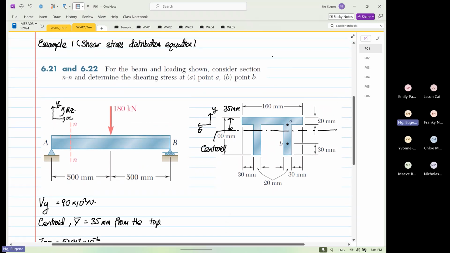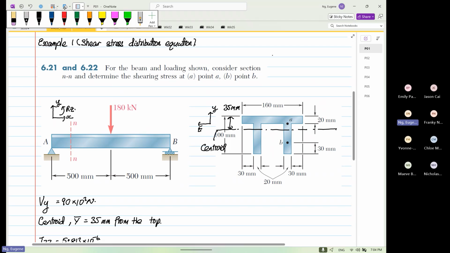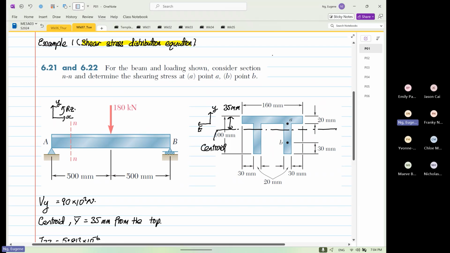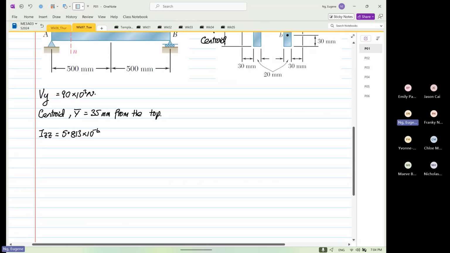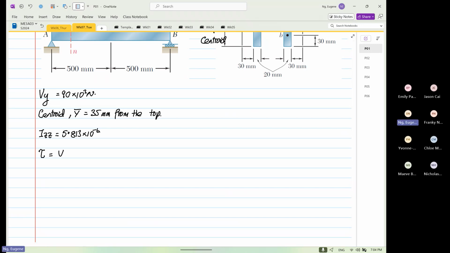This example is more important for the shear stress distribution equation. The formula that we've been deriving for shear stress is shear stress equal to VQ, for this case Vy, over IZZ, Qz by t.